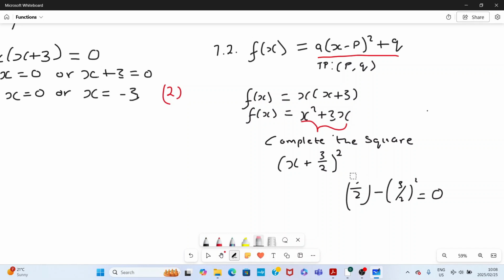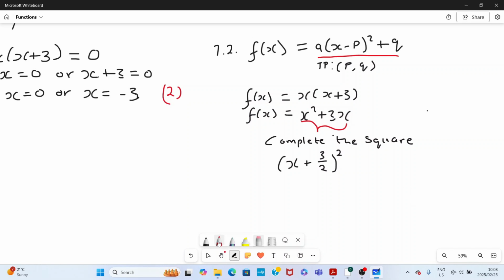Let me just remove what I did here. I was just doing this for explanation. So that's basically what we're going to do. We are going to add and remove, or subtract, 3 over 2 squared.